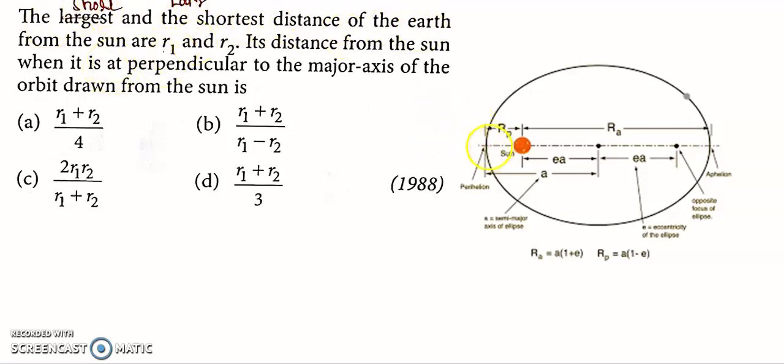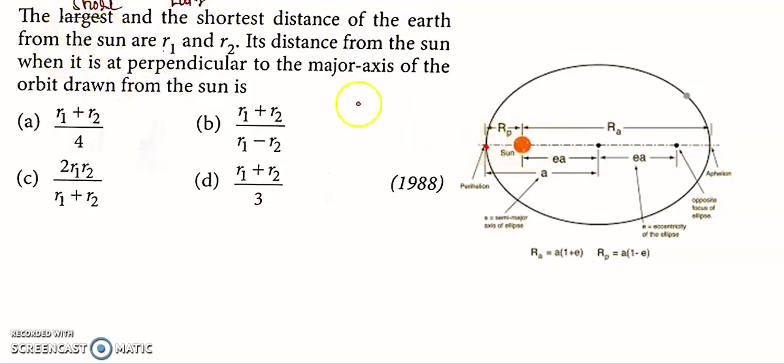Look, this is where the planet is. This is the shortest distance, r1, and the largest distance is r2. Then its distance from the sun when it is perpendicular to the major axis of the orbit is drawn from the sun.